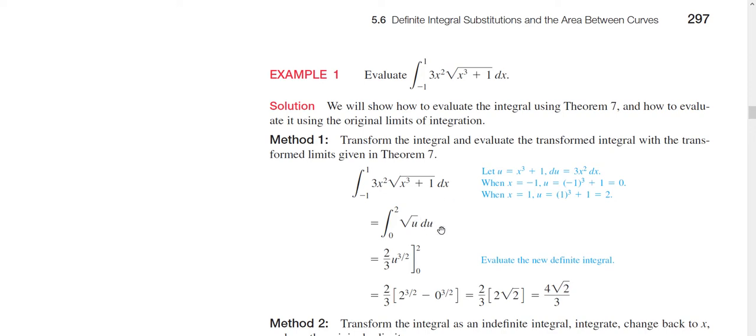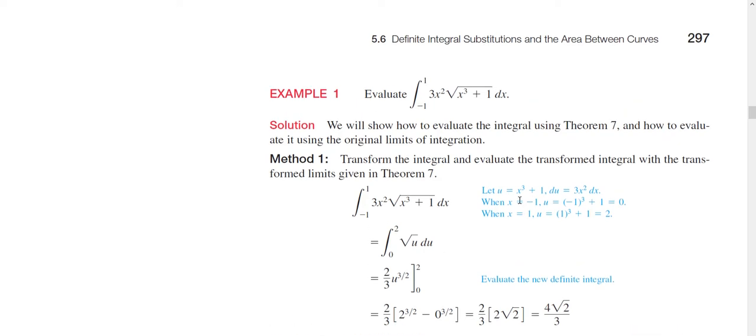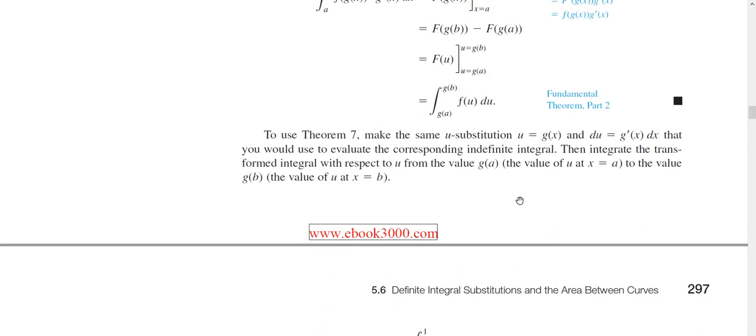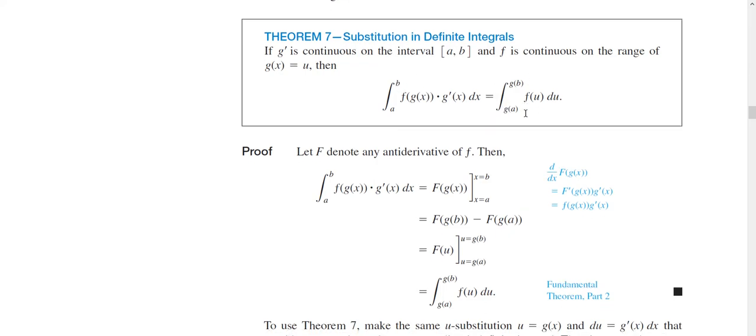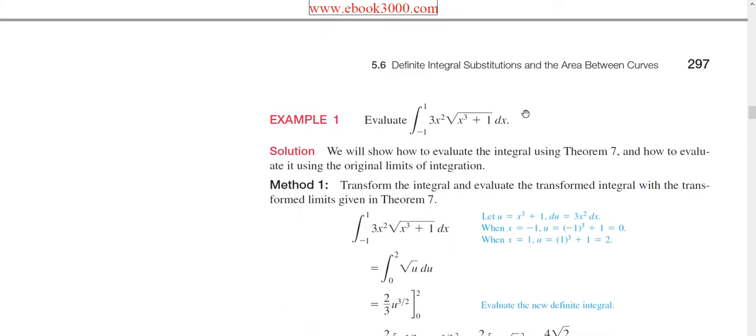Now how to transform the limits? As we learned in the previous theorem number 7, the lower limit will become g of a and the upper limit will become g of b. Now in this case a is -1 and b is 1.